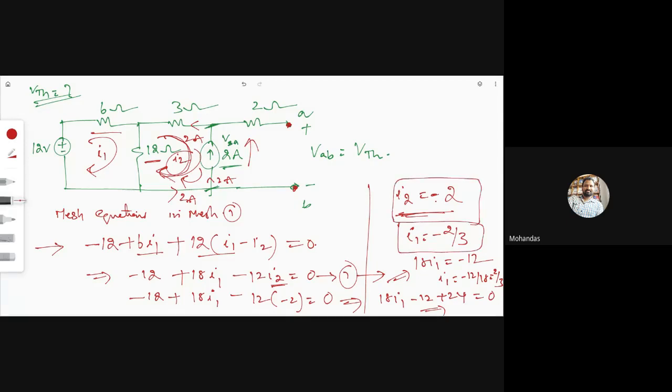Once we get the mesh currents, we can easily calculate the voltage across the VAB terminals. Here we can take any loop in the circuit to calculate the voltage across VAB.